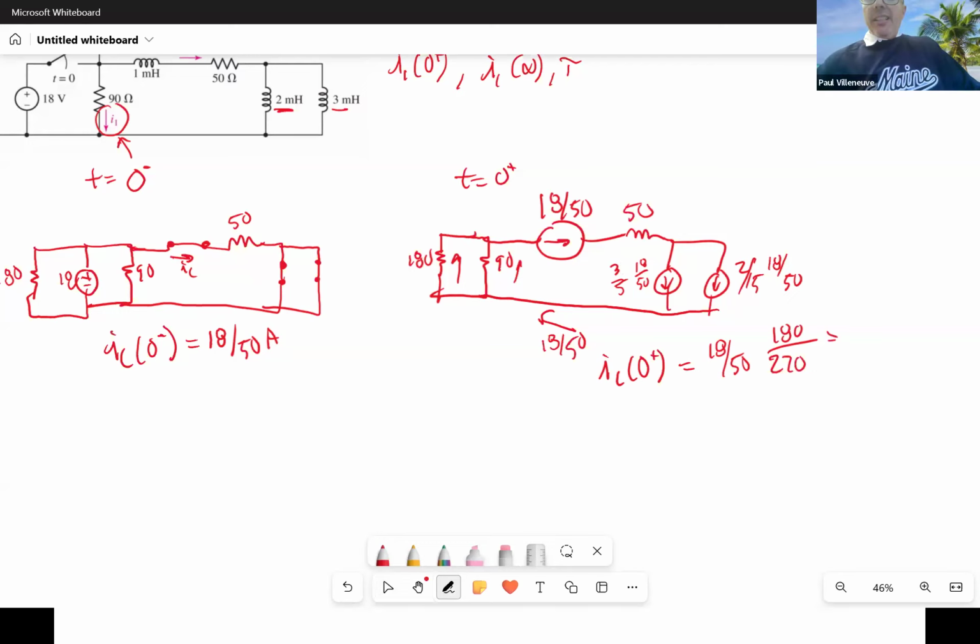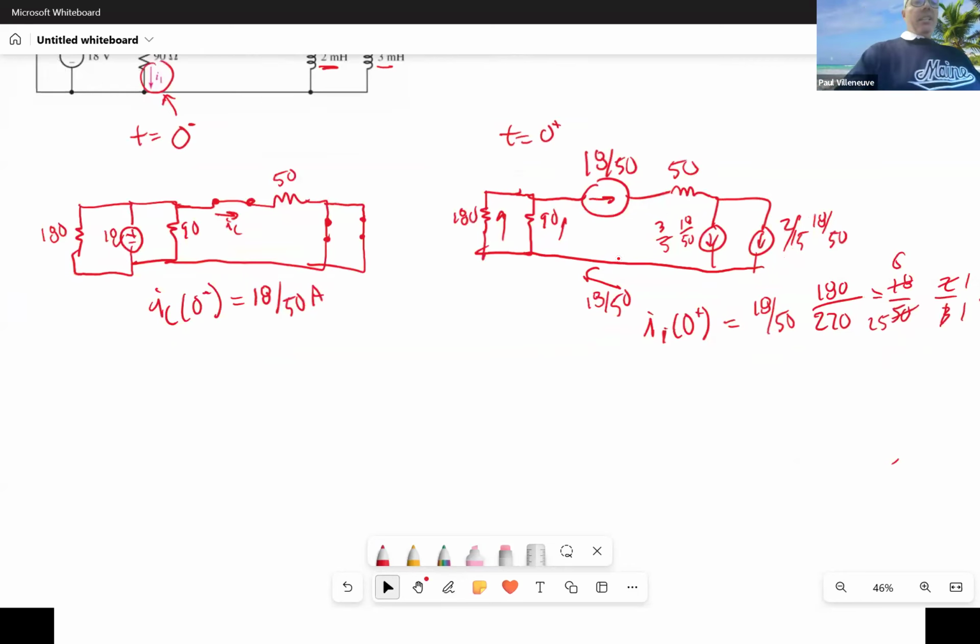So let's see, that's 18/50 times 2/3. That becomes 6/25. That's my I1, not IL, but I1. Why do I keep writing L? That's I1.